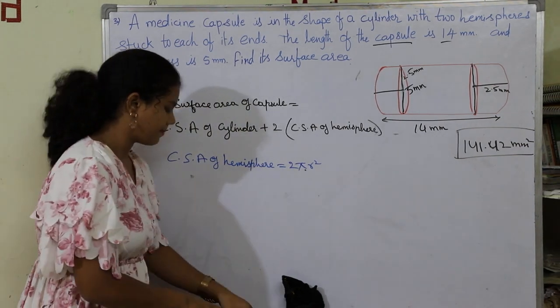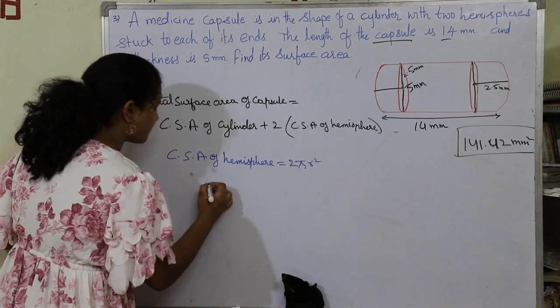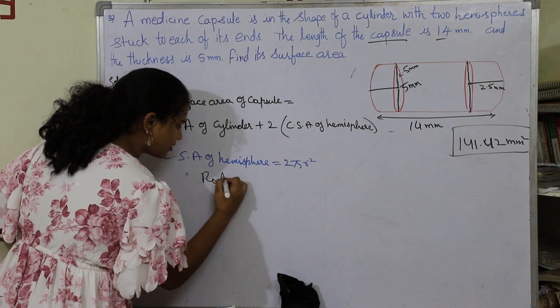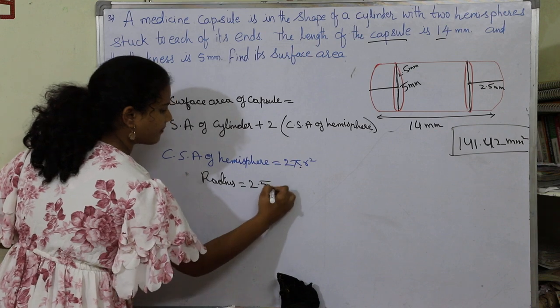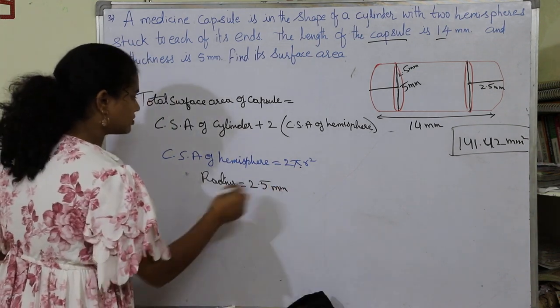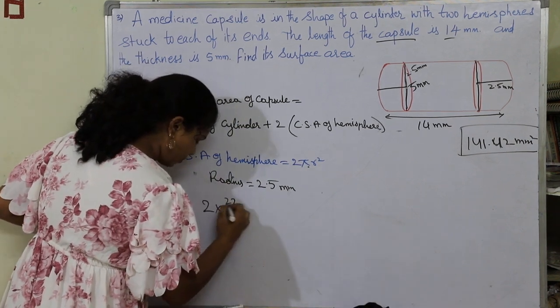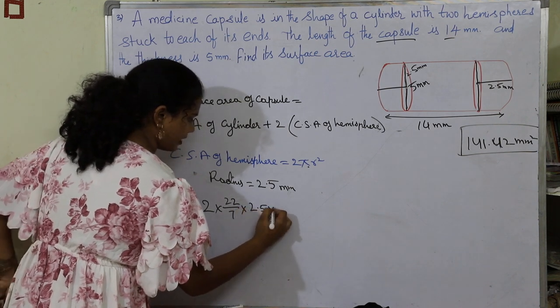So 2, where pi is 22 by 7, and the radius, as we know, equals 2.5 millimeters. Now just substitute: 2 into 22 by 7 into 2.5 into 2.5.